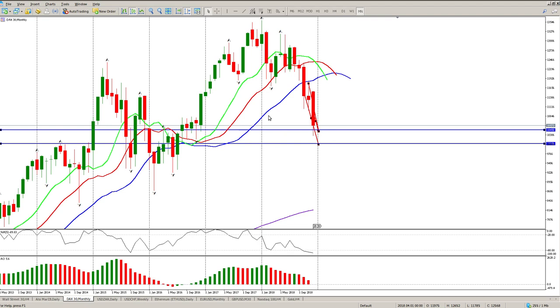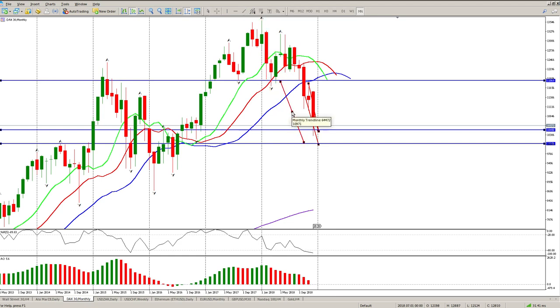Okay, now the next thing we need to just be conservative with this head and shoulders. Okay, so you can see that head and shoulders target lines up with this level here of 10,056. More than likely round itself off to 10,000. Okay, so that's the one thing.